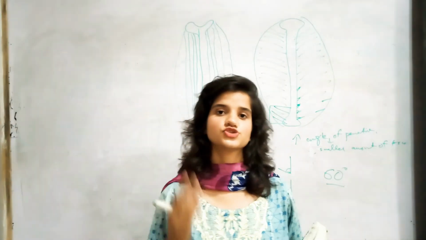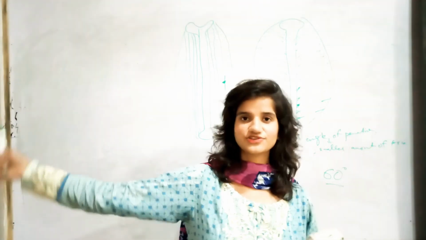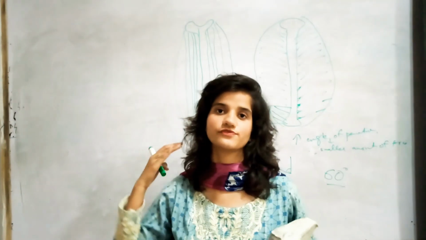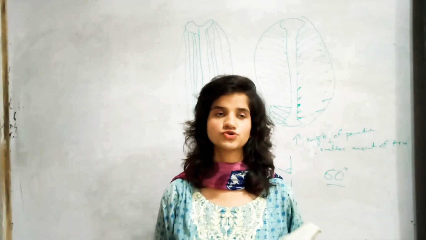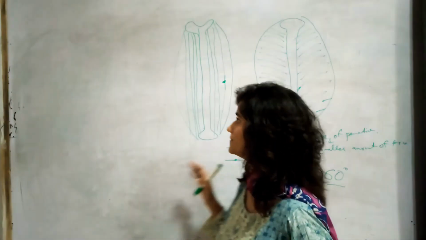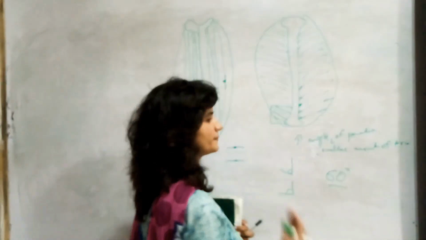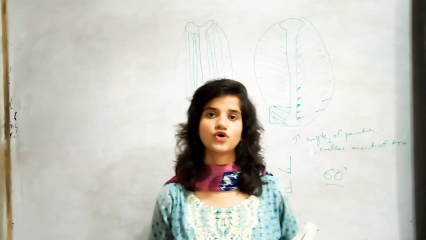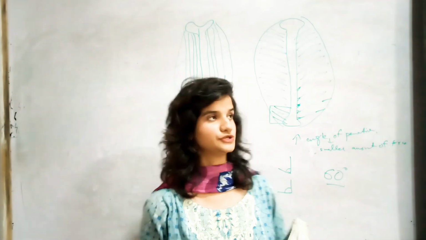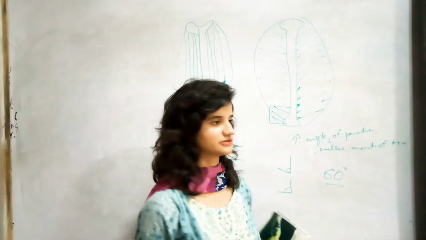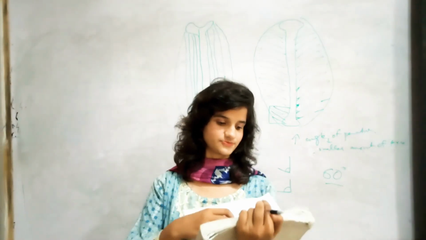For functions needing increased range of motion, where we need end range or complete range of motion, the basic muscles involved are parallel ones, and when we want to generate more force, we use pinnate muscle fibers. So these are the basic differences between both of them.